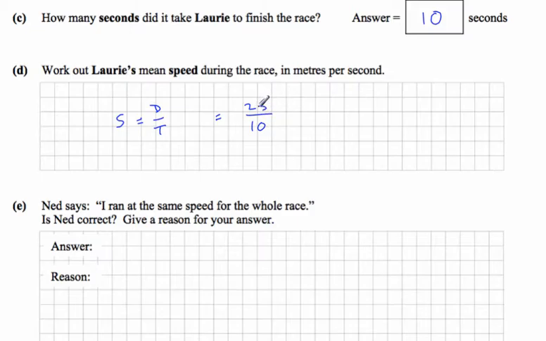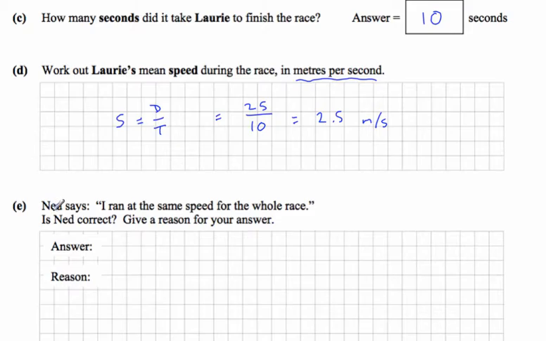So 25 divided by 10 is 2.5, and that was in meters, the 25, and the 10 was in seconds, so that is meters per second, which is the units they asked for, meters per second. So 2.5 meters per second.